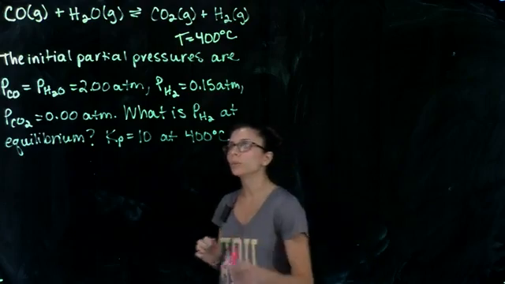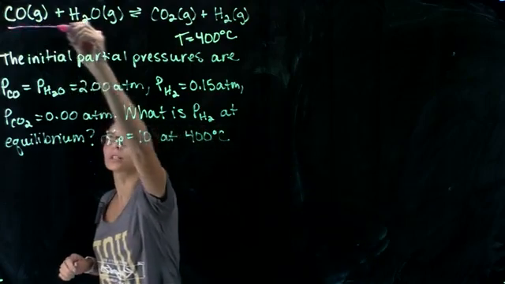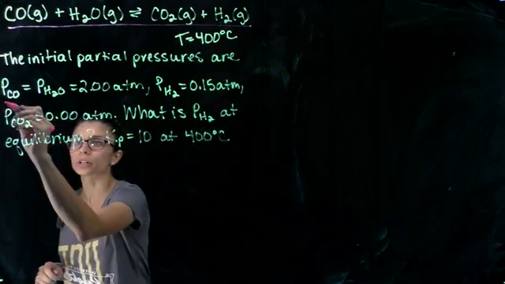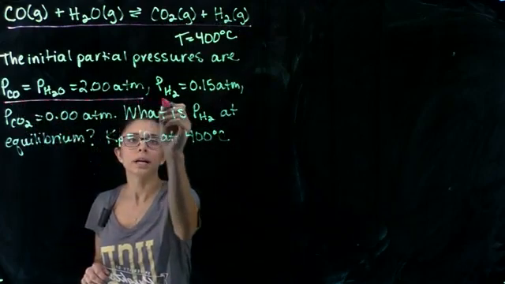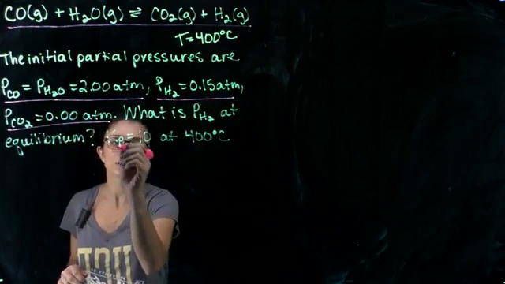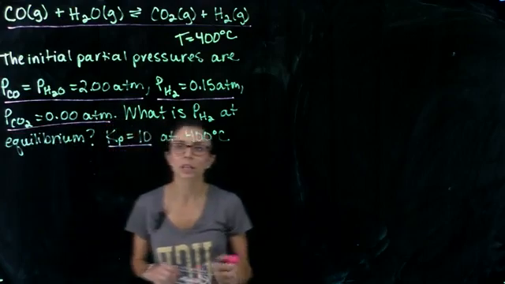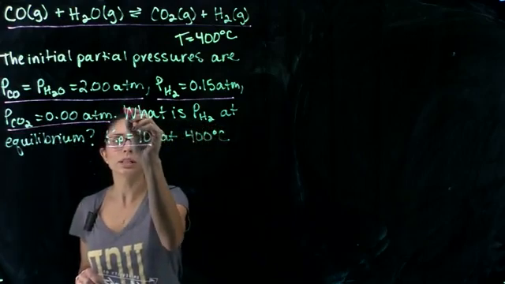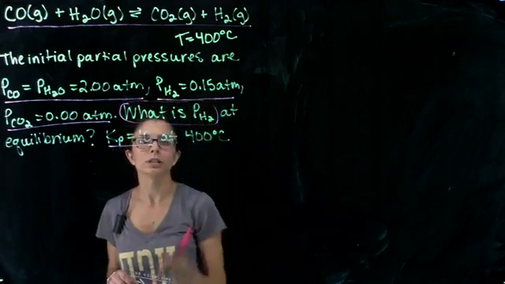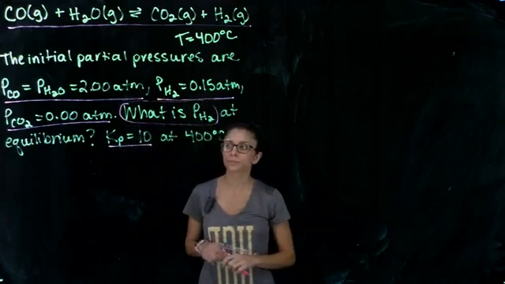So what's given in the problem is, first of all, we're going to need the reaction to solve this problem. We're also going to need the partial pressures of the reactants and the products. And we're going to need Kp. And the question is, what is the partial pressure of hydrogen at equilibrium?